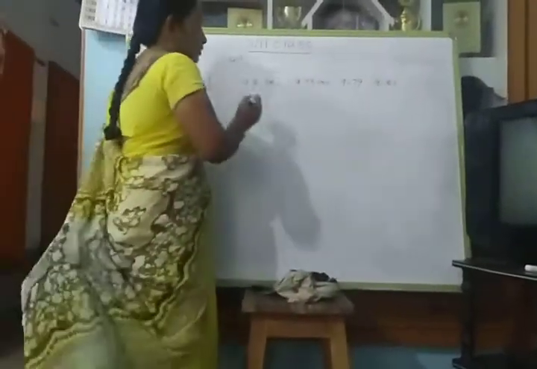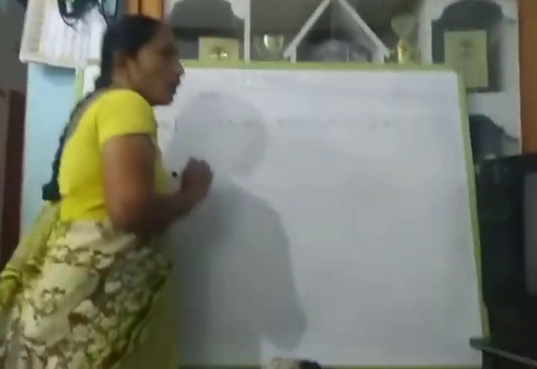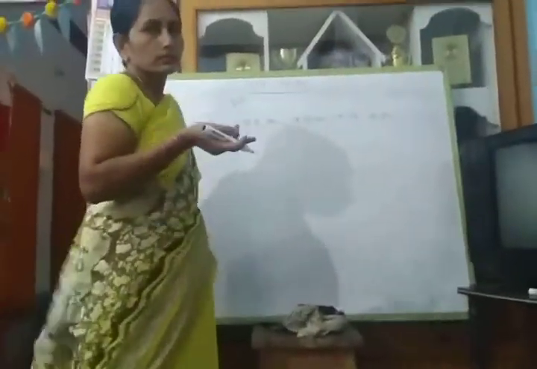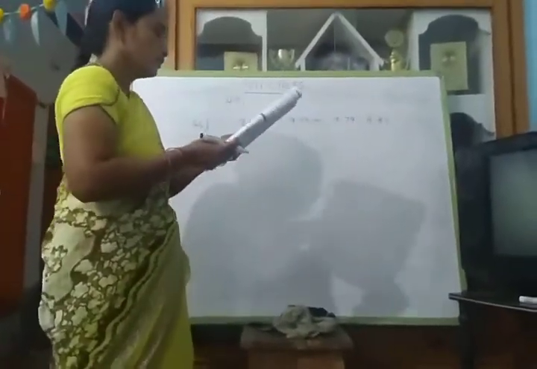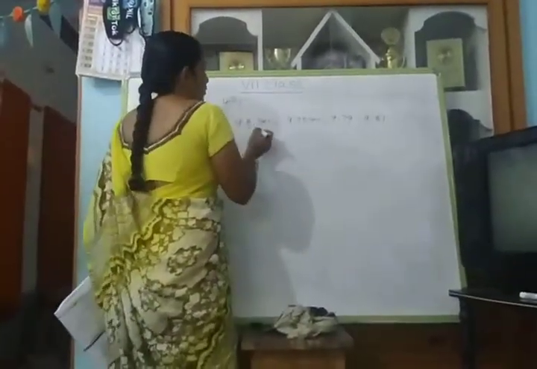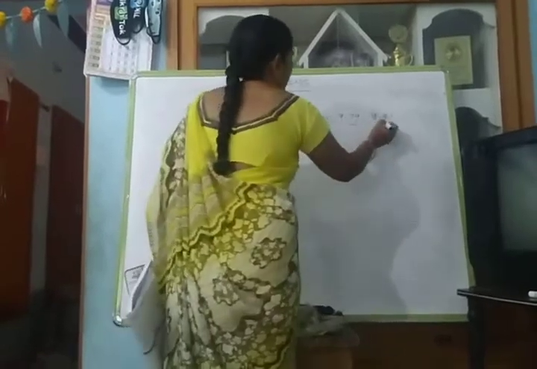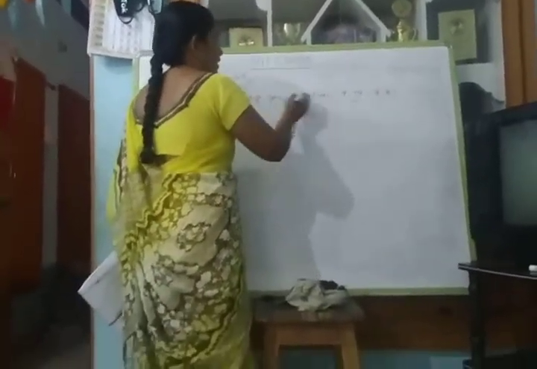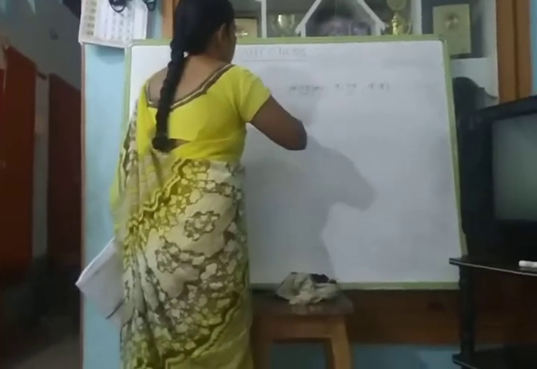See here the given decimal numbers. The person with the highest score, that person only gets to be the winner? Here which is the highest score? 9.8, 9.75, 9.79, 9.81. Here in the tenths place 8, 7, 7; 7 is less than 8.